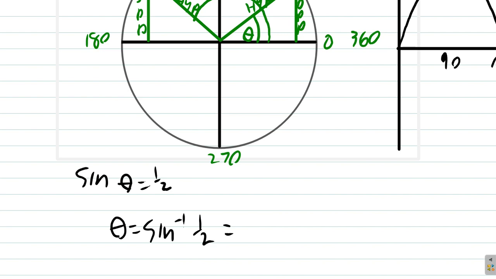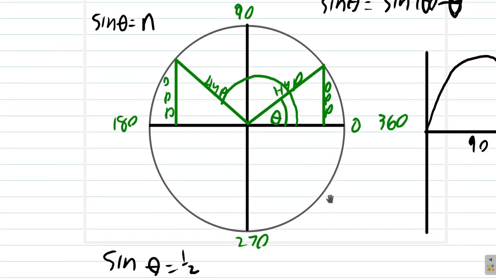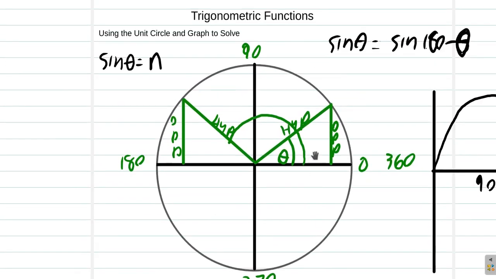If you use a calculator and find the sine inverse of a half, 0.5, you get 30 degrees. Good. But that is sometimes referred to as the principal angle, the main angle. You have other angles that it works for.